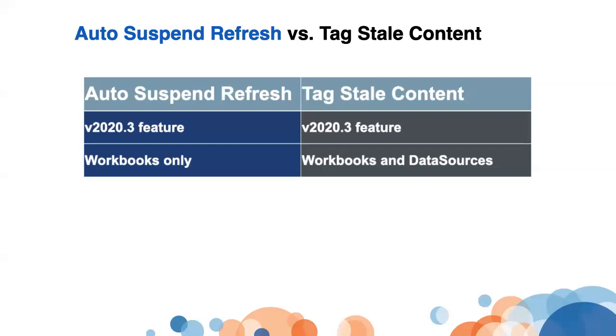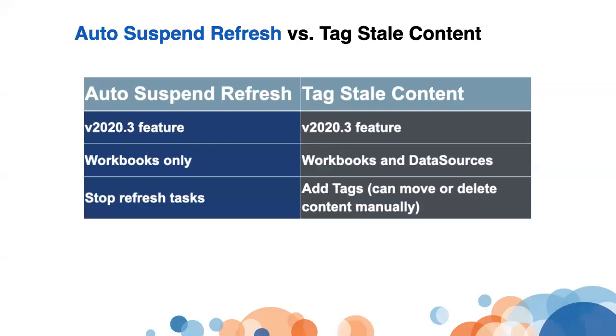I don't know for sure if it works for Flow at all. The auto suspend feature is to stop the extract refresh task, save you backgrounders. But tag stale content, you can move to a different folder.